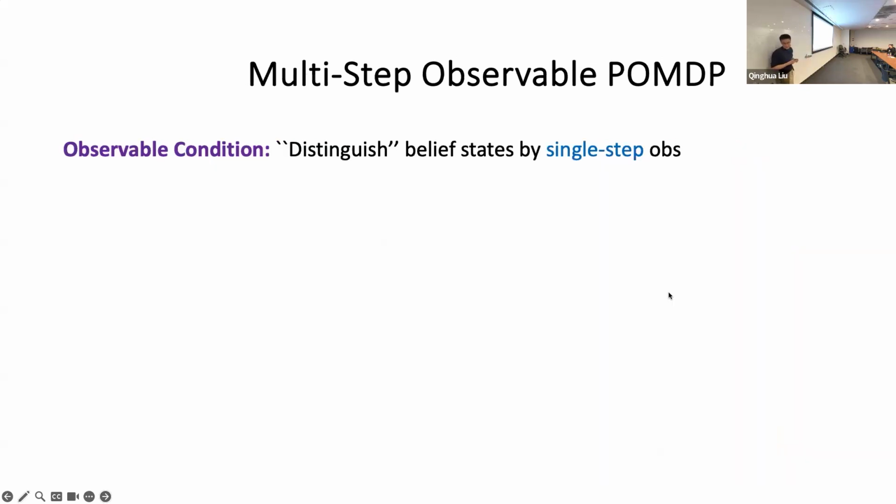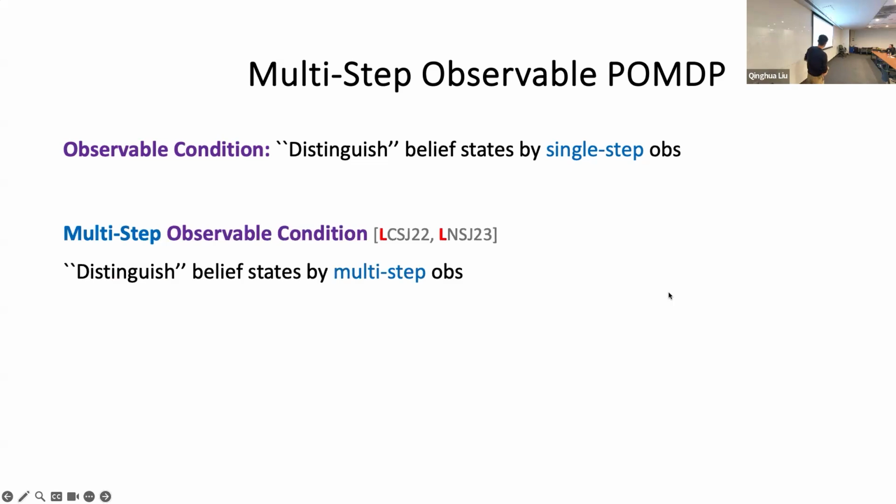So this motivates us to generalize the observable condition from the single-step to the multi-step setting. Previously, we were saying we want our observations to contain sufficient information so that we can distinguish different belief states using a single-step observation.